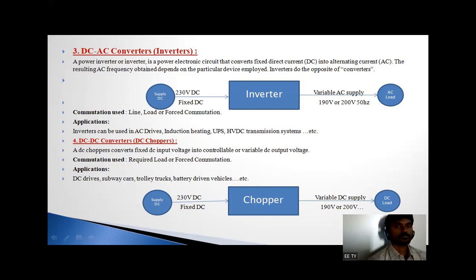Clear? So write that down and draw this diagram. Here input is fixed DC and output is variable AC.